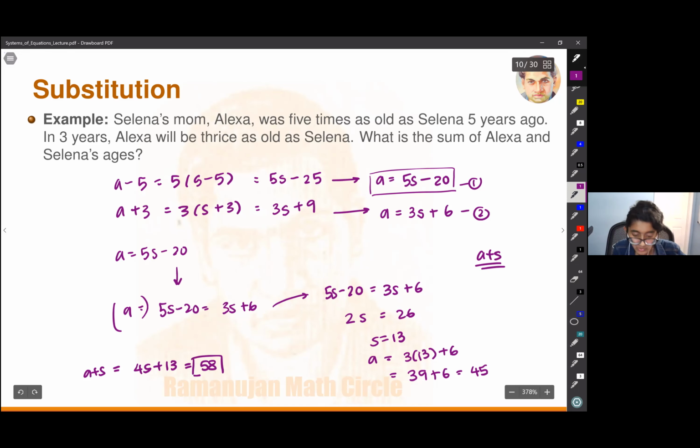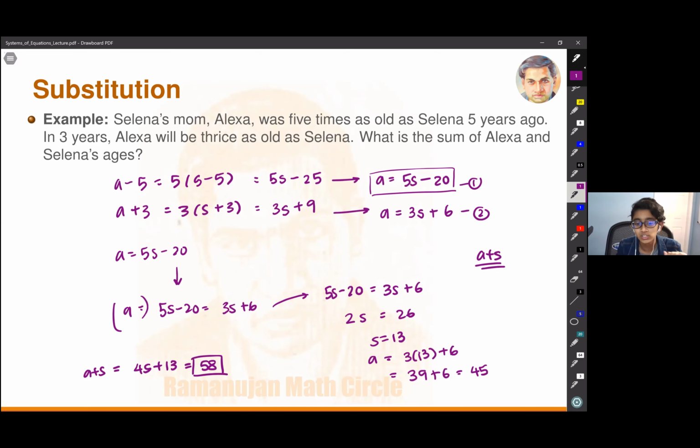And for those of you that have time left over during competitions like AMC, it's definitely useful to plug this back into the equations or the question itself to make sure that it works. And we're just going to do that quick check right now since we have time on our hands. We're going to check that Selena's mom, Alexa, was 5 times as old as Selena 5 years ago.